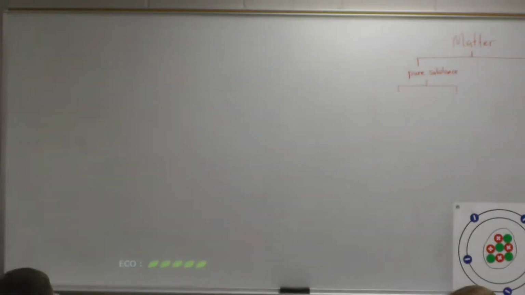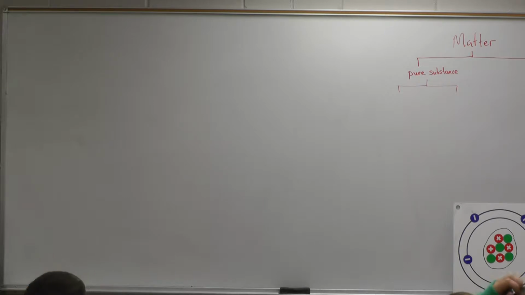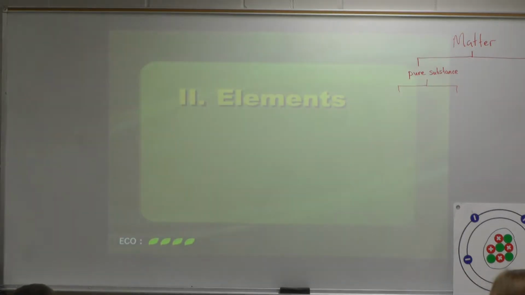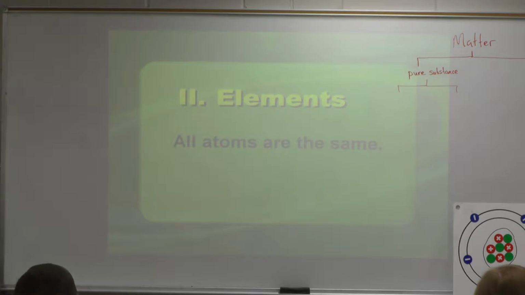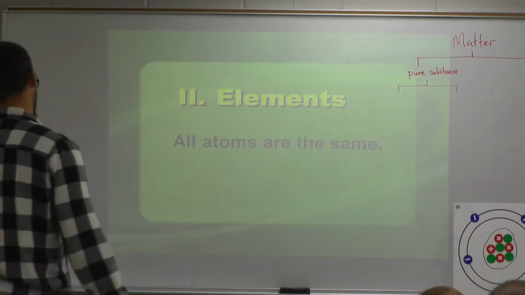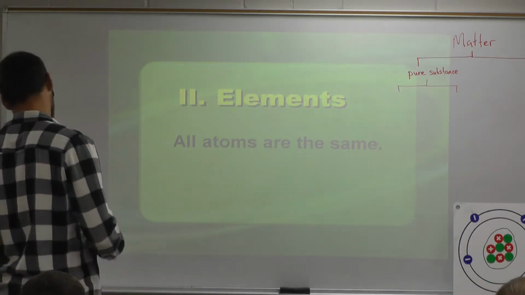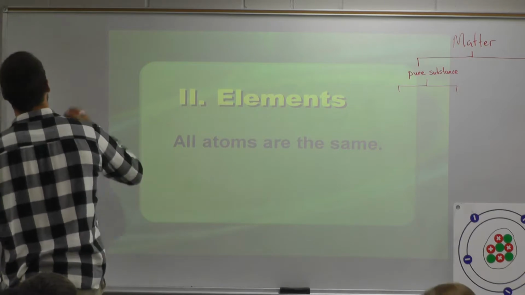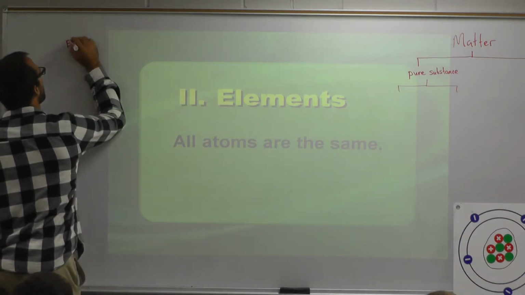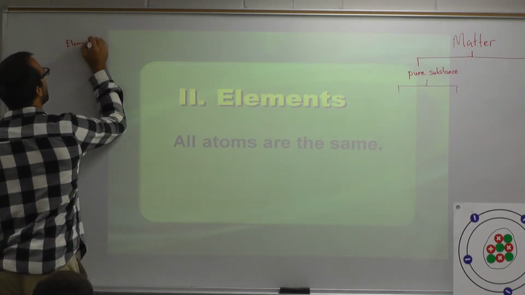Let me sit here and check something out. All right, I don't know if I really like this definition, but all atoms aren't the same, so you could have different numbers.